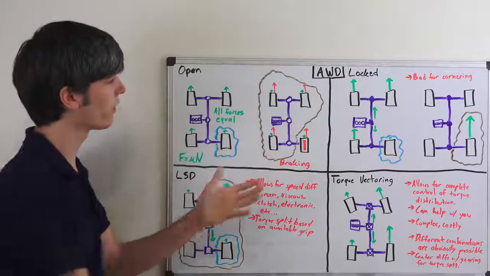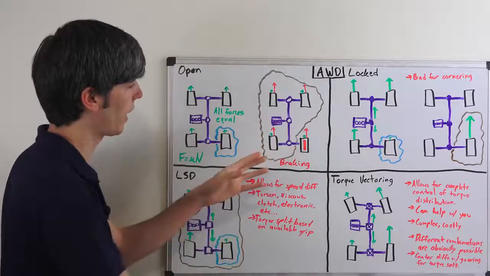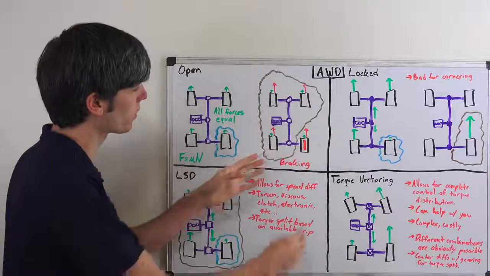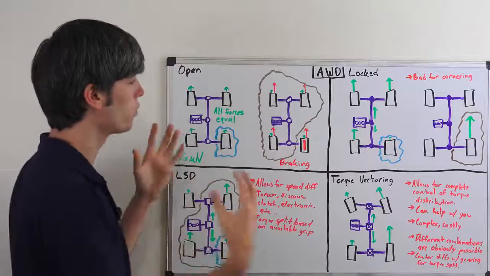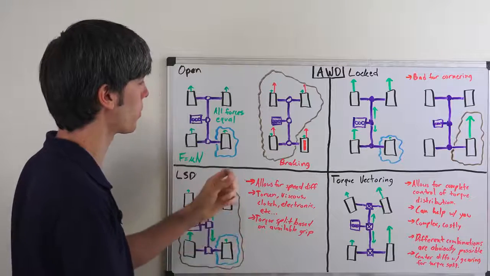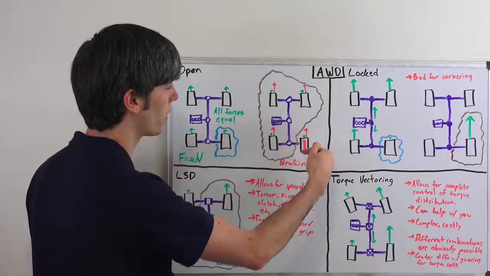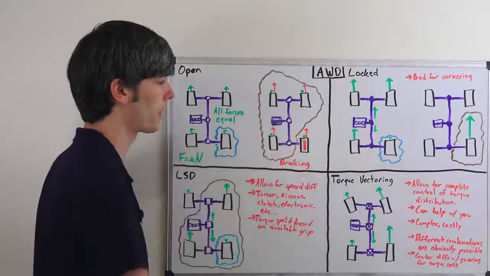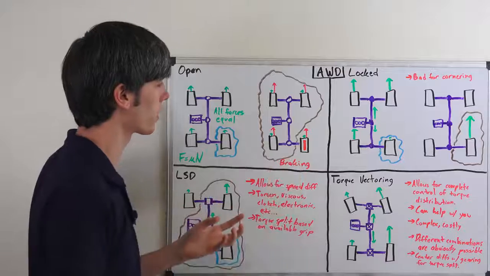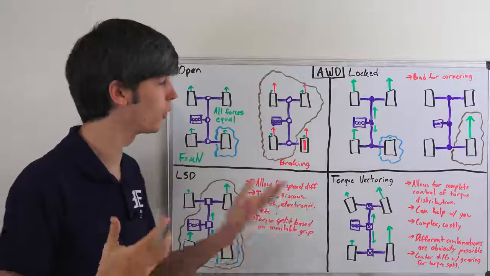forward. Now here we have an example where the vehicle has one tire that's lifted off the ground. So here we've got 3 on the ground and 1 off the ground. And if you did nothing about it, you just had open differentials and that was your only solution to this problem, well, what happens is this tire is going to receive enough torque to spin that tire. And all the other tires are going to also get that same amount of torque, but it doesn't take much torque to spin a tire.